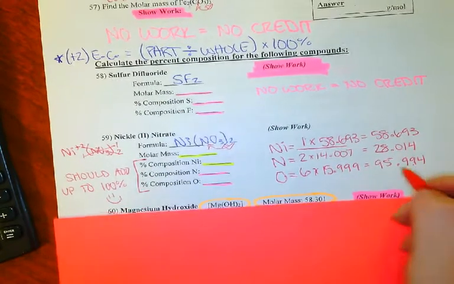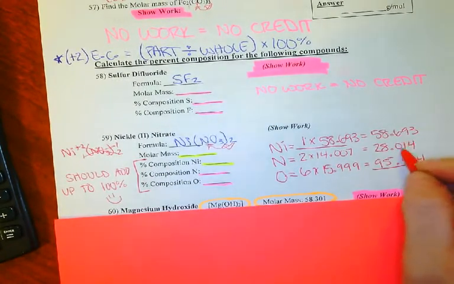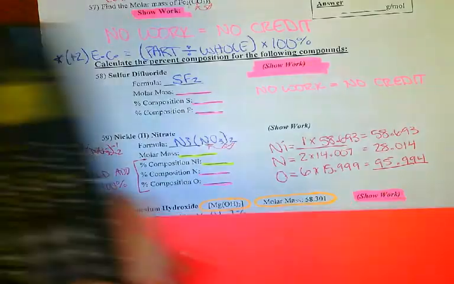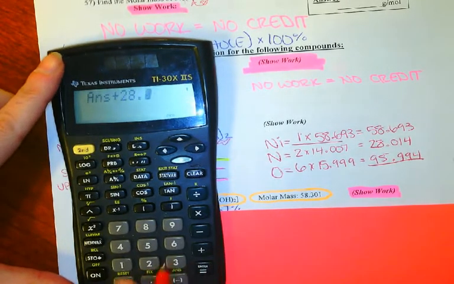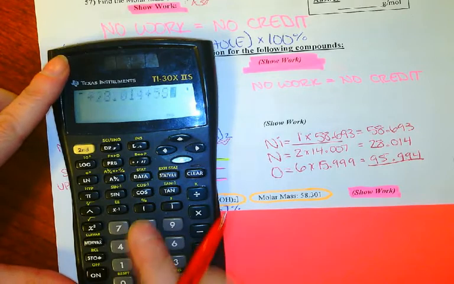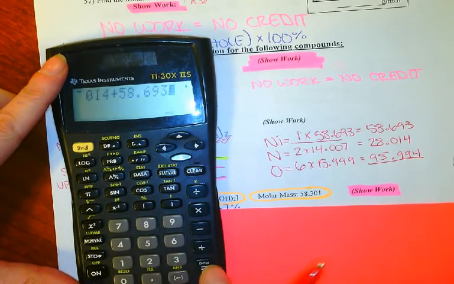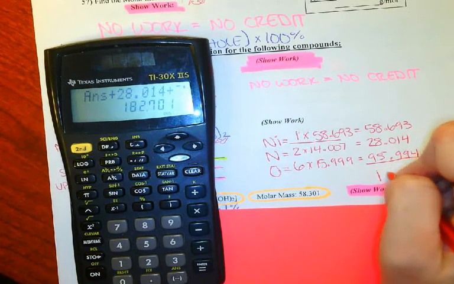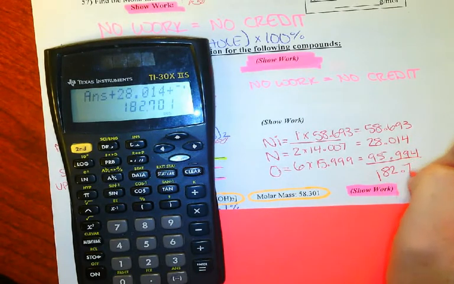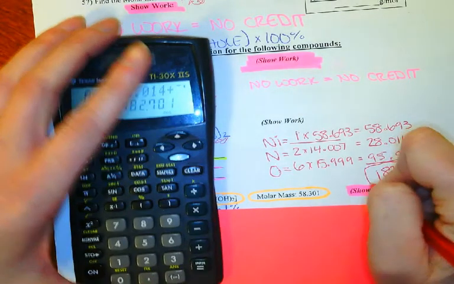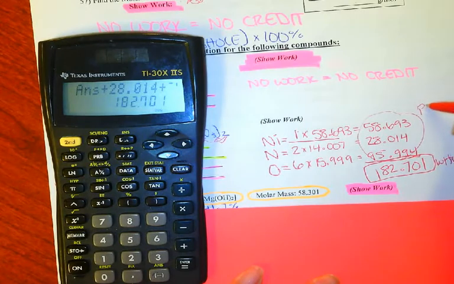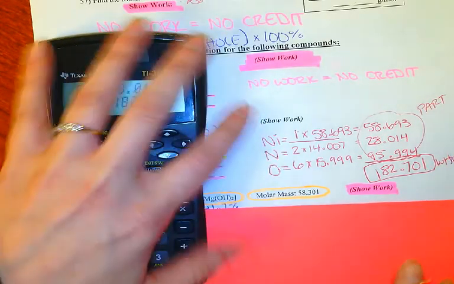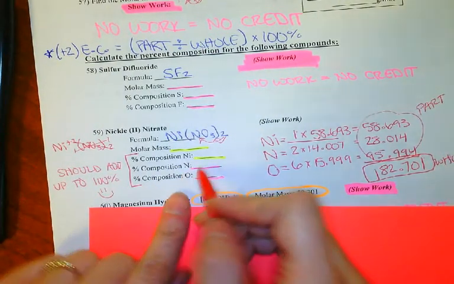But my total molar mass of the formula, if I add these 3 together, so this number plus 28.014 plus 58.693, should be 182.701. So this is what I'm going to call the whole. And these things count as the parts. I'm going to make sure I copy this answer right here.